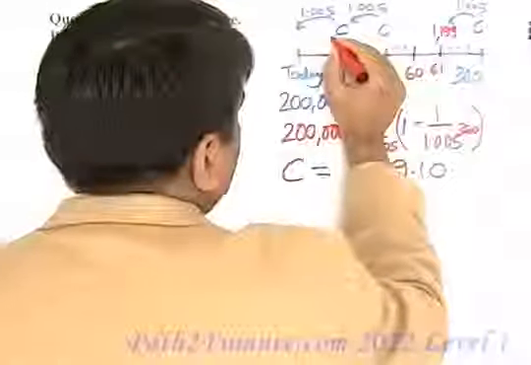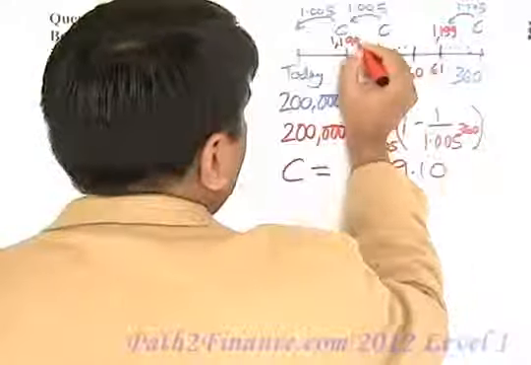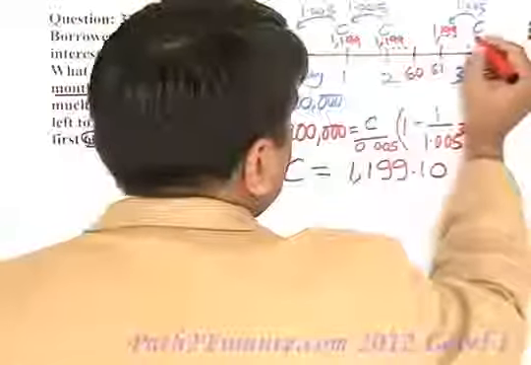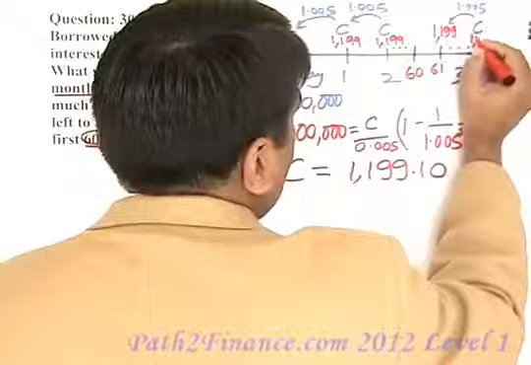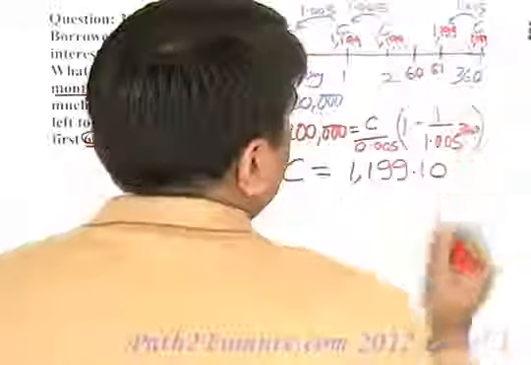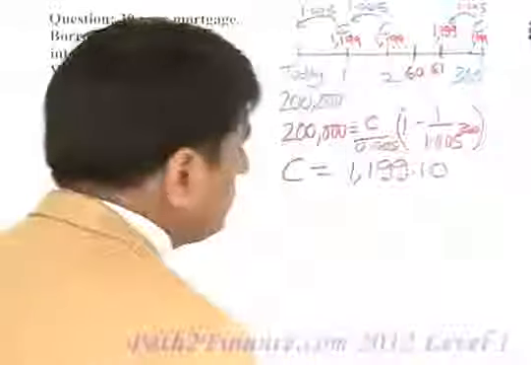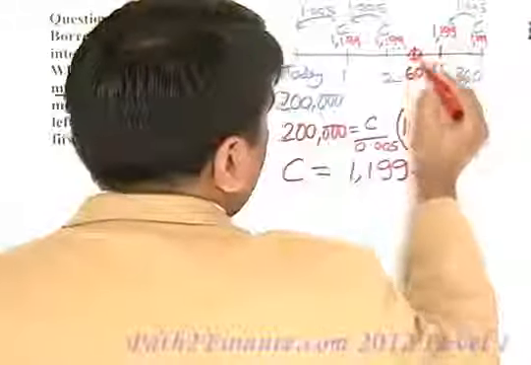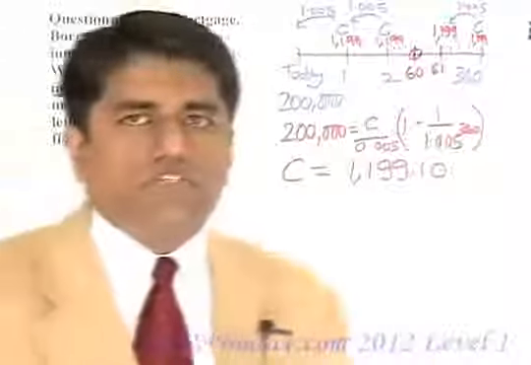So there are monthly payments of 1,199 and 10 cents. So the borrower wishes to get out of these remaining payments. So how much does the borrower have to pay at time 60? So that is the second question.